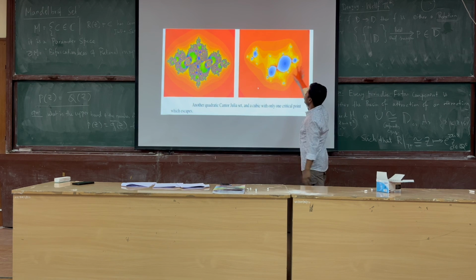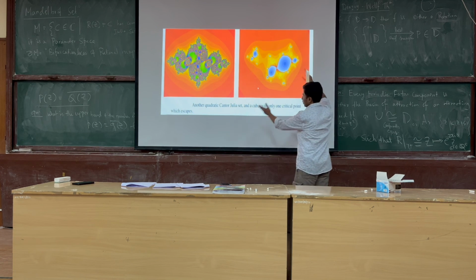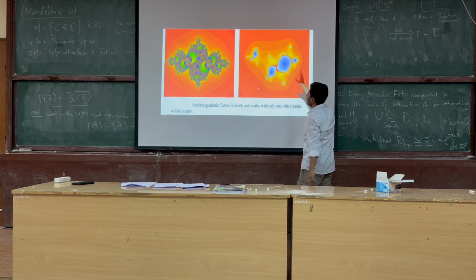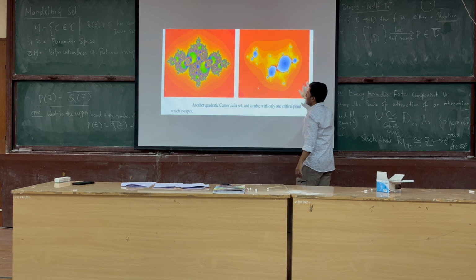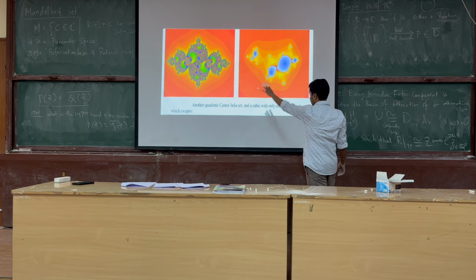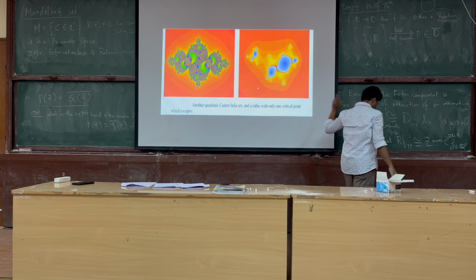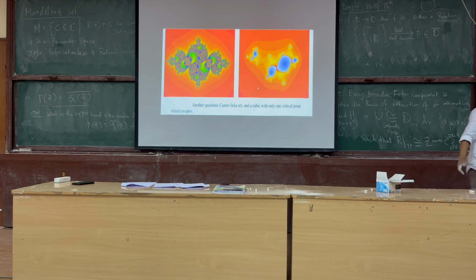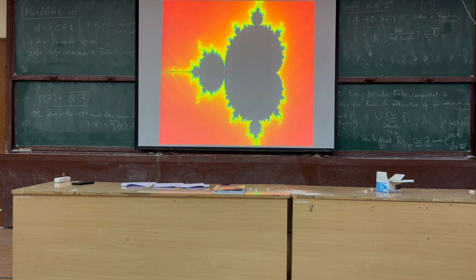It's a totally disturbed thing, as you can observe here, where the Julia set is quite irregular. It's not a very nice or symmetric picture. So this represents the Mandelbrot set.